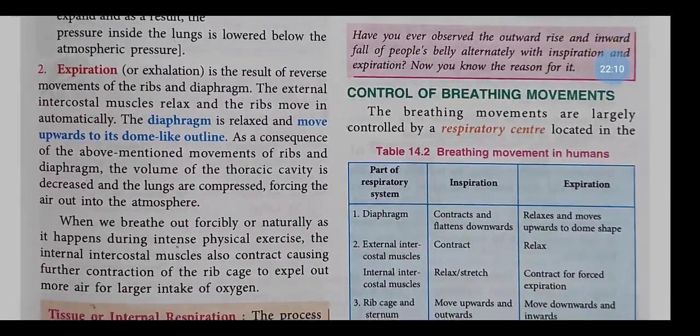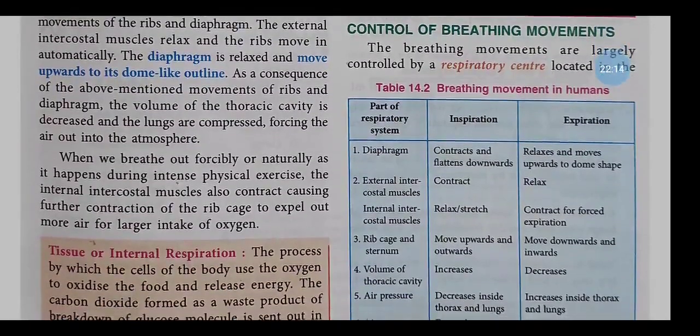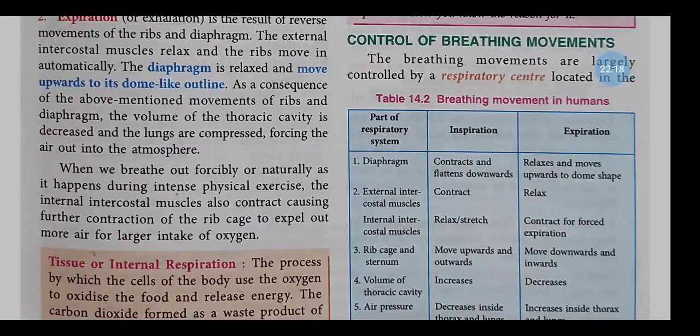Now, let's come to the control of breathing movement. The breathing movements are controlled by the respiratory center located in the medulla oblongata of the brain. This center is stimulated by the carbon dioxide content of the blood.